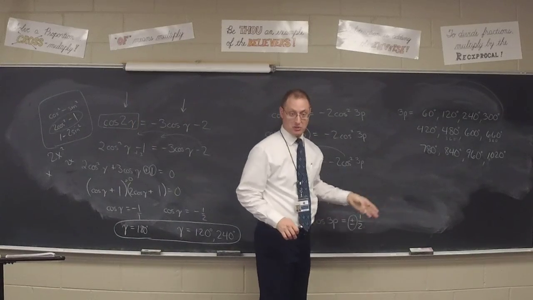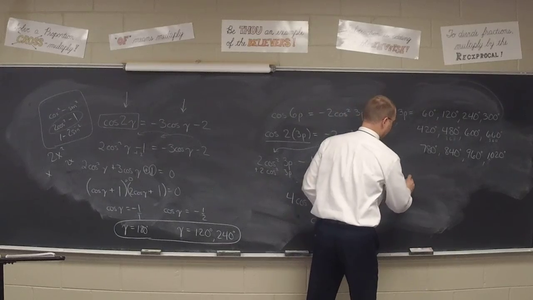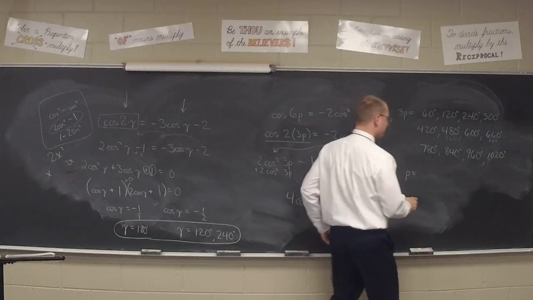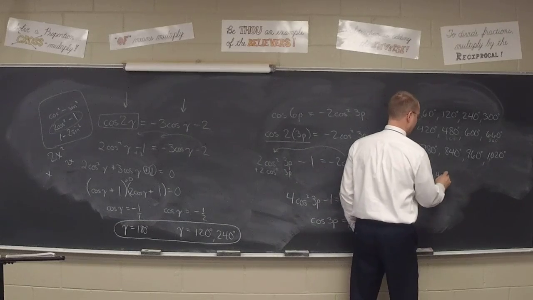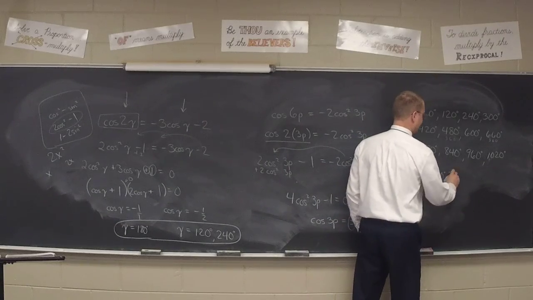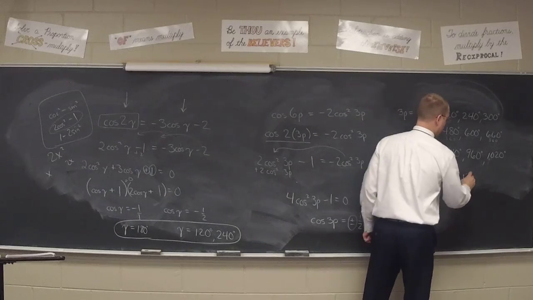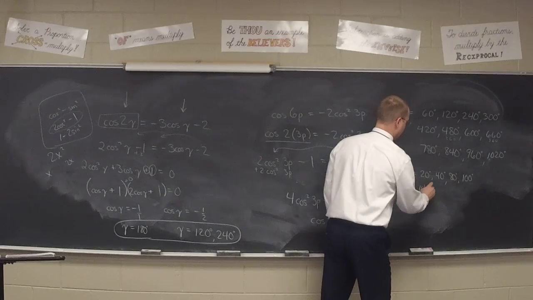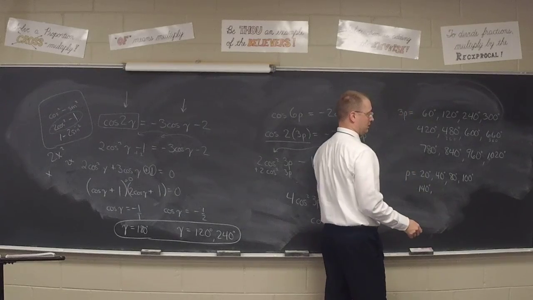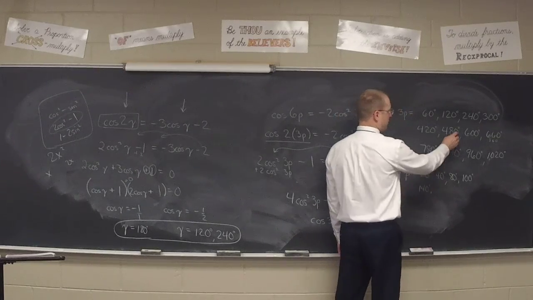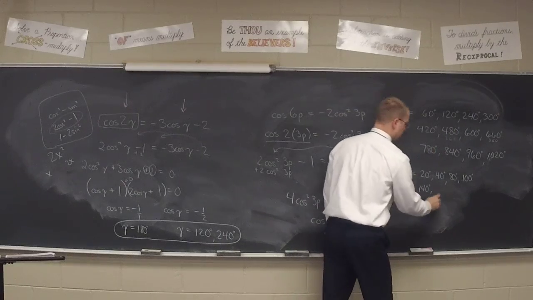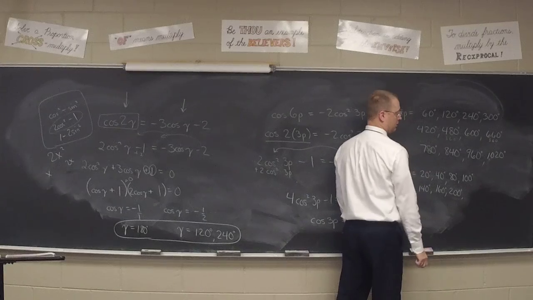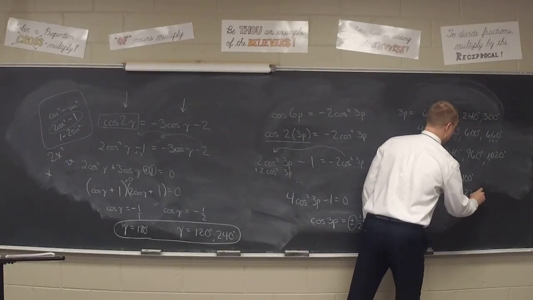I don't want 3 rho, I just want rho. So what do I have to do with all my 3 rhos? Divide them all by 3. What do I get now? 20, 40, 60, 80, 100, 120, 140, dividing by 3, not by 4. 160, 200, 220.